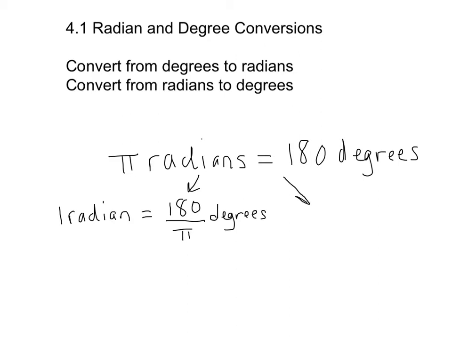And also, we can say that 1 degree, if we divide through by 180, is going to equal pi over 180 radians. So pi over 180 radians. And so these two things, the 180 over pi and the pi over 180, are the units of conversion that we're going to use to convert from radians to degrees and degrees to radians.